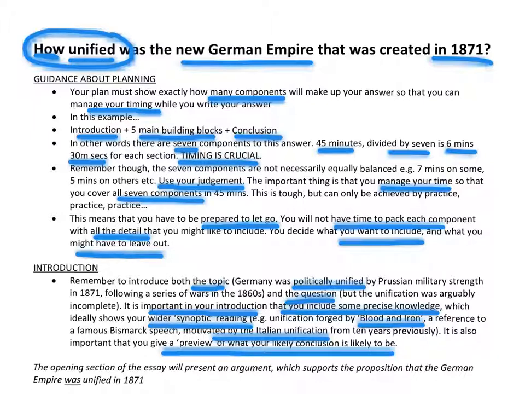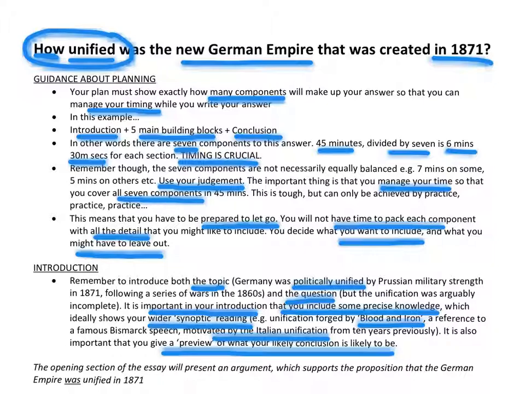Now, in your introduction, don't just say that. The weaker candidates will say, in this essay, I'm going to look at the ways in which Germany was unified, and I'm going to balance it against the divisions. Try to give a hint of which side of that argument you're going to eventually reach in your conclusion.